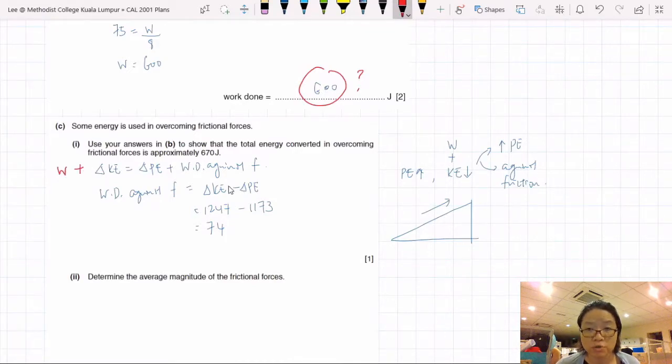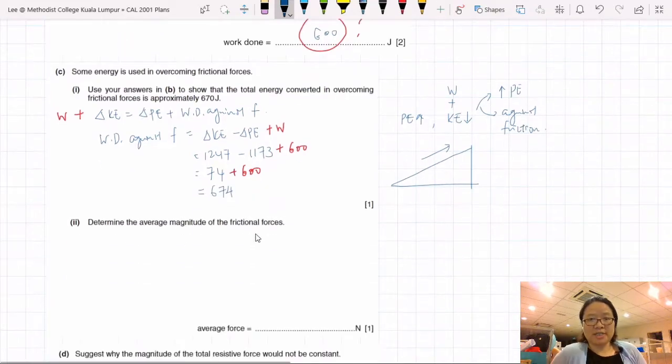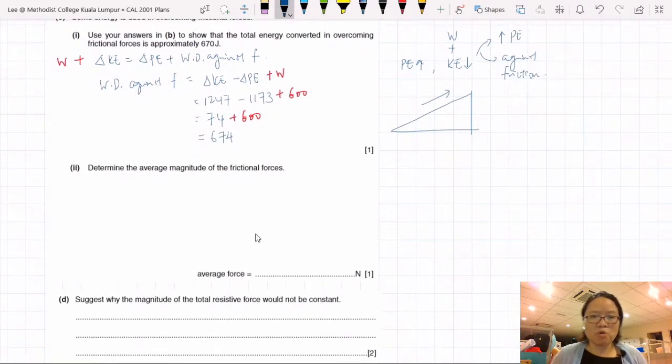If you're confused, you are doing work, you're adding energy to the system. At the same time, there's also a decrease in kinetic energy. So all this is supposed to go towards friction. Let me comment on this first.